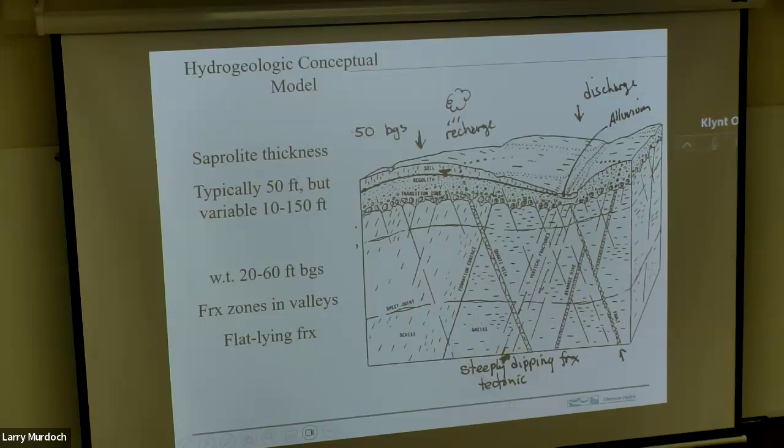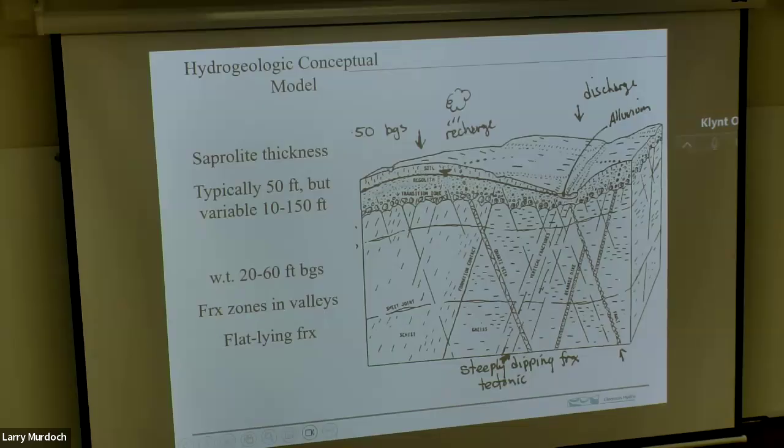So if we take a step back, here is one person's concept for what a cross section and surface perspective would be on the hydrogeologic system. Here's the rock, here's the transition zone, and this is labeled regolith, and that's another word for saprolite.